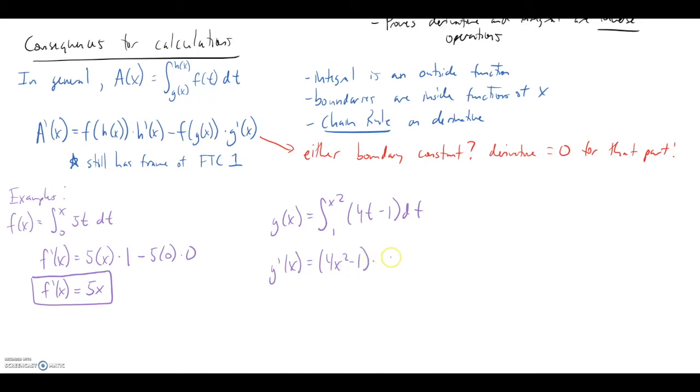So we'll get 4x squared minus 1 times the derivative of that inside function x squared, which is 2x, minus the bottom boundary 1 taking the place of t, so 4 times 1 minus 1, times the derivative of that boundary, which is 0. And this will simplify to give us that g prime of x equals 2x times the quantity 4x squared minus 1.